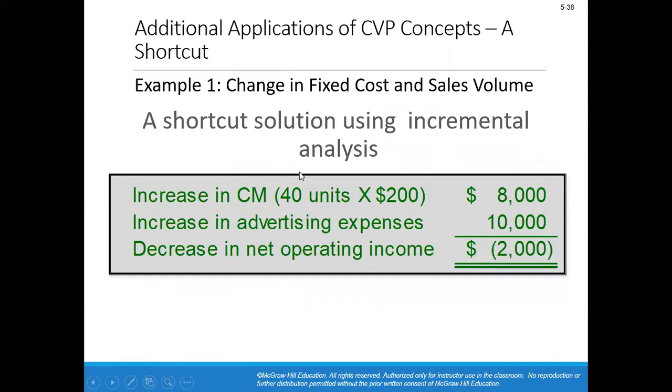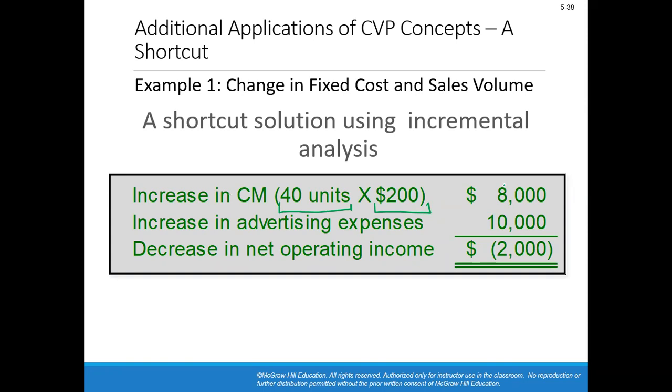Now we are thinking of another case. If we look at the incremental part, which we would call a shortcut solution, we know that the contribution margin remains constant at $200 per unit. We just have changed our sales unit from 500 to 540. So this should be the increase of contribution margin, as it is a positive number. If it were a decrease in sales, it would be a decrease in contribution margin.